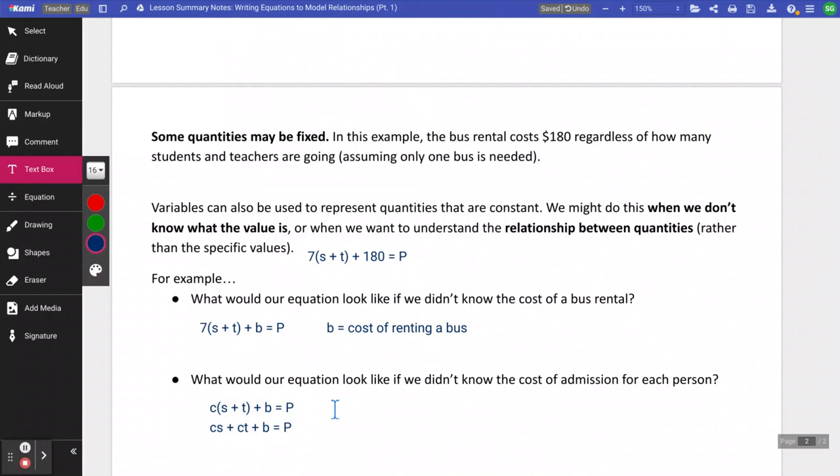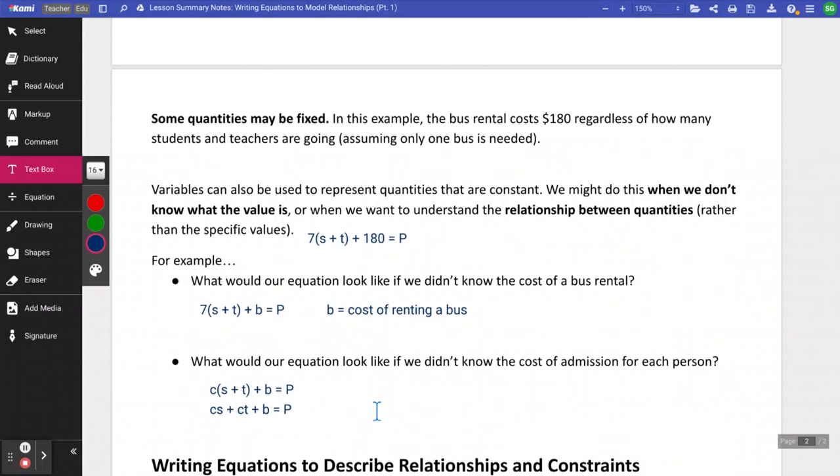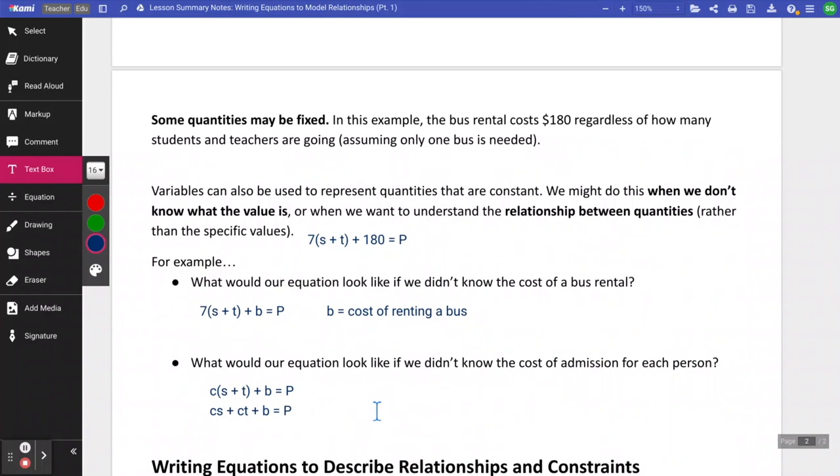There's no more numbers. But looking at these equations really helps us figure out that mathematical relationship between these quantities. I've got a lot of addition here because I'm adding up all these different costs to figure out that total price.